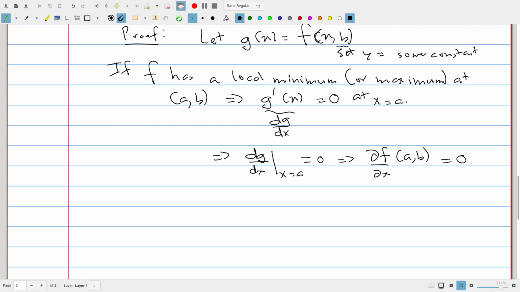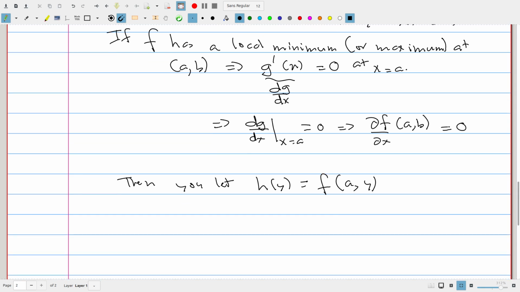And then you let, actually let's not call this g, let's call this h. h(y) equals f(a, y). So h is a function of y only, and that tells me that at (a, b), h'(y) equals 0, which tells me that f_y at (a, b) equals 0.